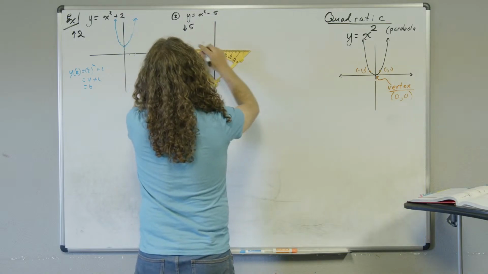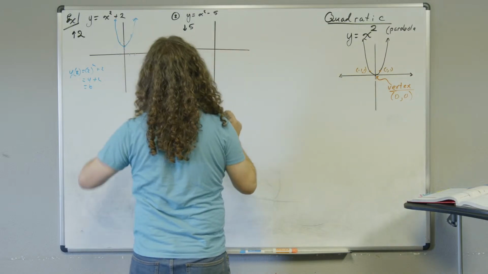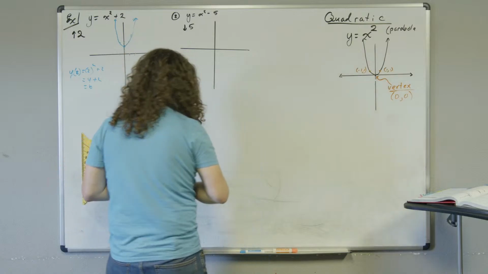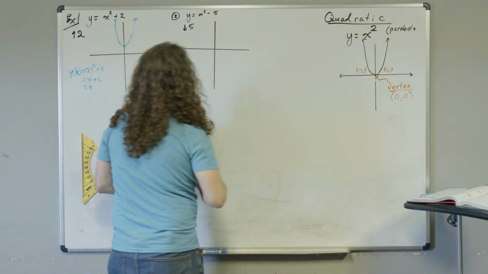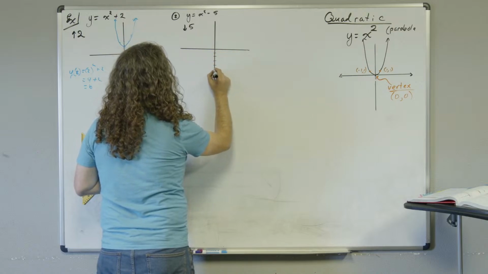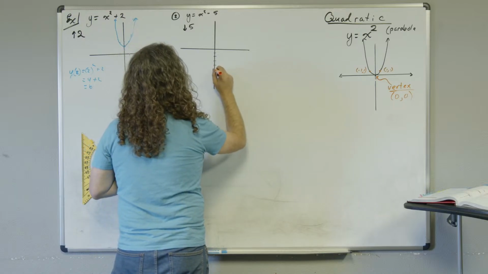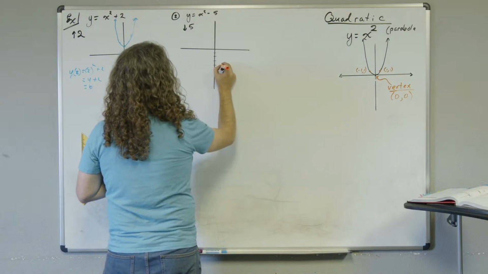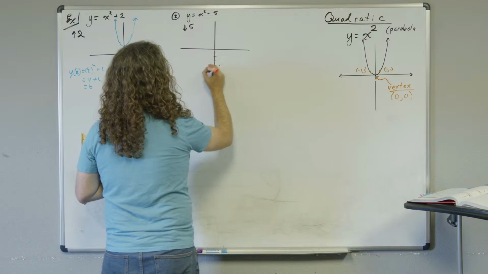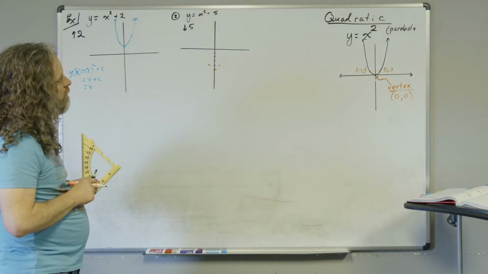Our vertex normally is at 0, 0, so we go down 5 from that. So down 1, 2, 3, 4, 5. We put a dot. Up 1 and over 1. Up 1 and back 1, right? If we want all the way up to the very top or just to the 0?